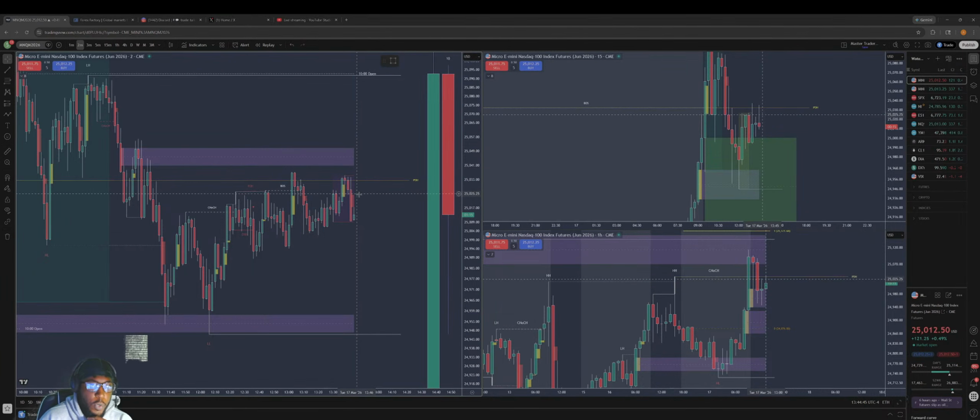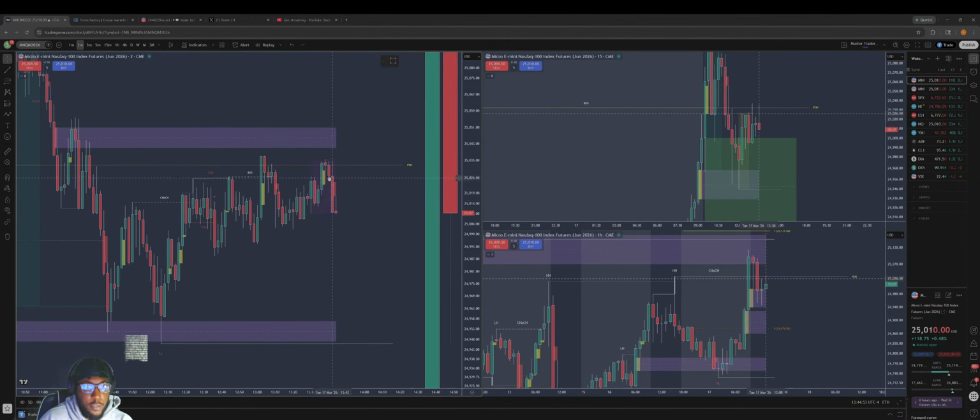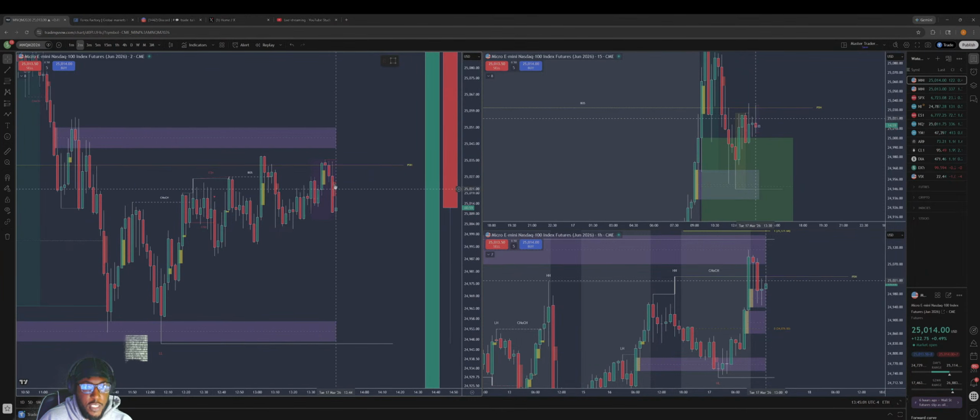So one, I'm looking for price to move with intention, right? And this is kind of what we're getting right now. We see this PM session started right here at 1:30, and now we're getting price moving with some intention. So this is kind of showing us that price maybe would like to go lower from here, right?